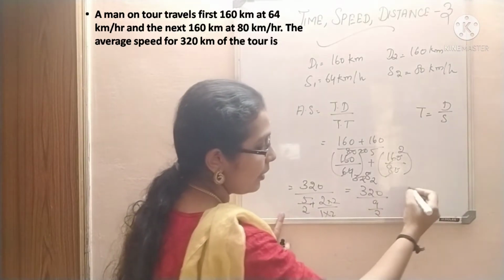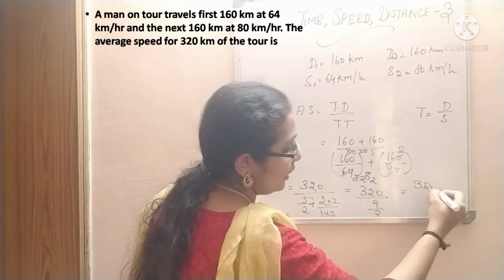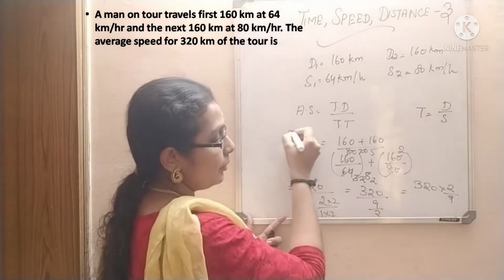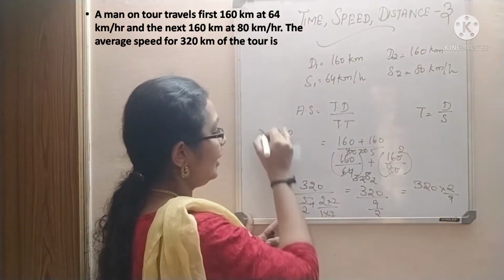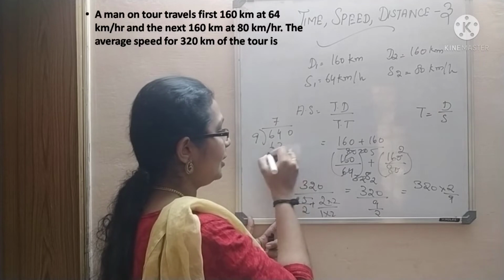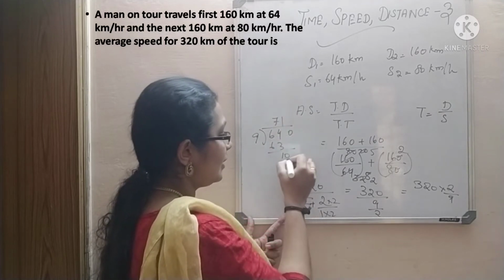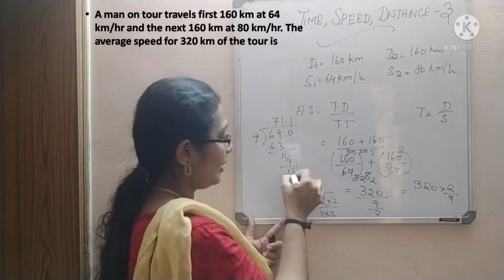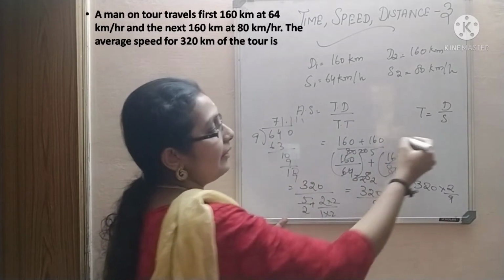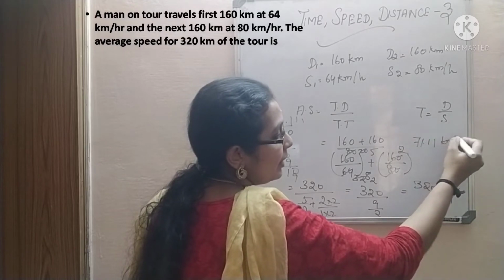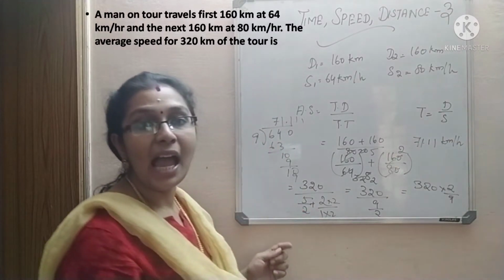When you take this 2 up, you get 320 into 2 by 9. 320 into 2 is 640, divided by 9. 9 sevens are 63, remainder 1. Again 9 ones are 9, and this continues. So 71.11 kilometer per hour.